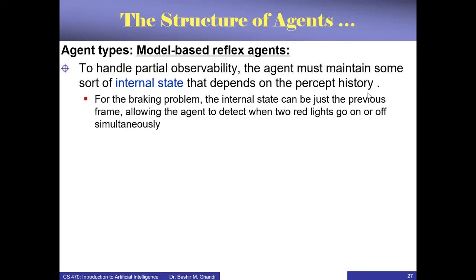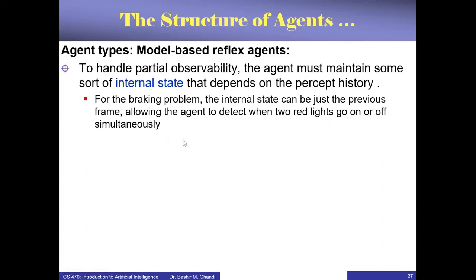For the braking problem, for example, it just needs to keep one last frame for it to be able to determine the current situation. The internal state can be just the previous frame, allowing the agent to detect when two red lights on the rear edge of the car go on or off simultaneously.